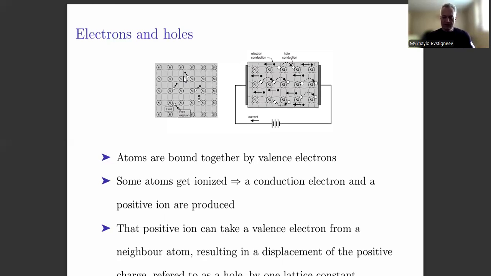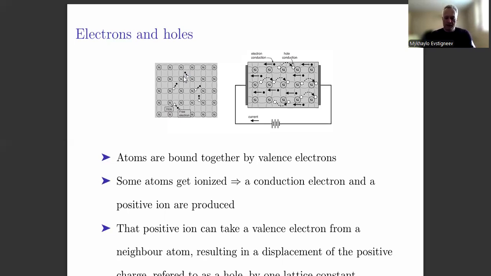But some of those valence electrons are detached from their host atoms and they are free to move in the crystal. And they leave an empty state behind. The region which a valence electron leaves behind when it gets detached from the atoms is positively charged.